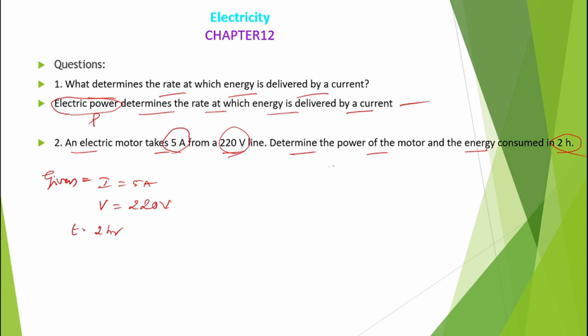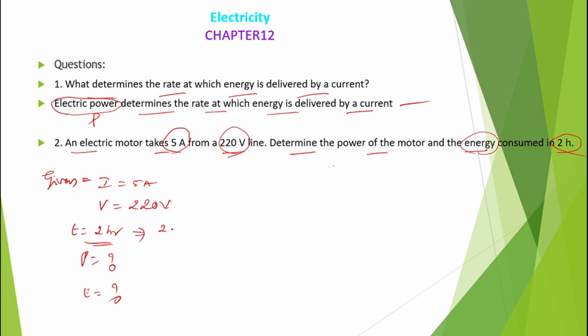So t is equal to 2 hour, and what we have to calculate? Power, P is question mark and energy, E is equal to question mark. Here, t is given in hours, so we have to change it to seconds.